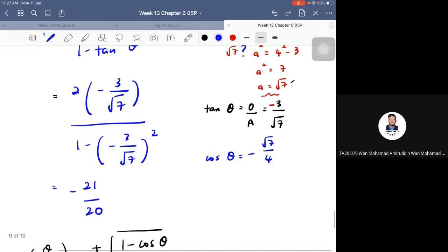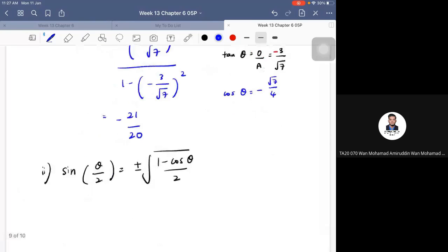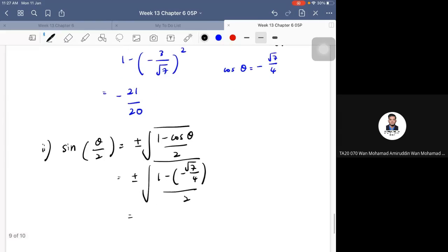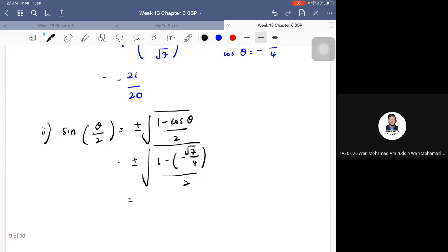That's right, very good. So we substitute here. You will get plus and minus the square root of 1 minus negative square root 7 over 4, all over 2. Okay, this is our value. We will have two values, because one is going to be positive and the other negative, so plus minus.